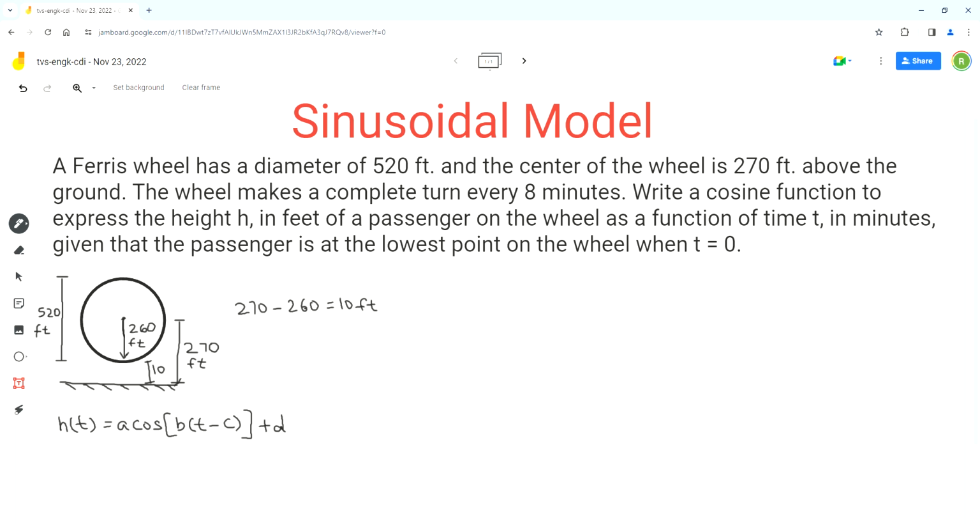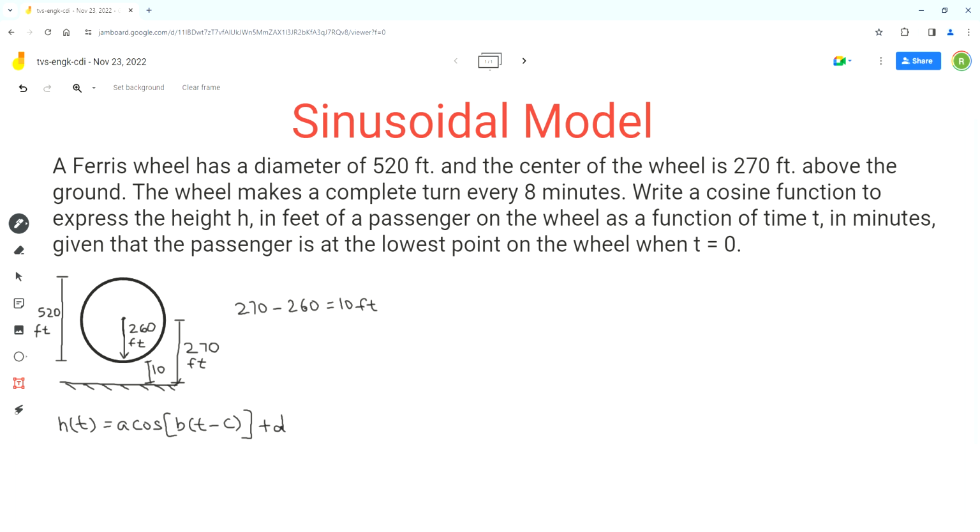Now different teachers use different letters instead of A, B, C, and D that I have used in this equation, but the idea is the same. The letter itself does not change the steps or the meaning for these letters. So we have to find the values of A, B, C, and D to write the equation using the cosine function. So the first thing we can do is identify the minimum height and the maximum height of the passenger riding this wheel.